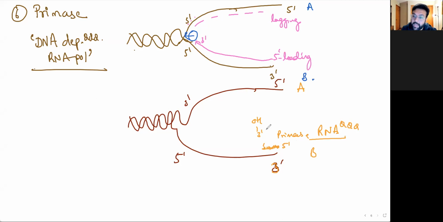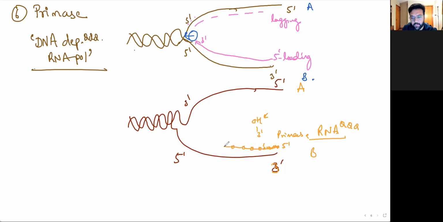The primer will give the 3' end to the DNA polymerase by giving a hydroxyl group, and it will allow replication from 5' to 3'. Look, it has a 3', so it can bring its phosphate. Now DNA polymerase can come and bind the phosphate here, and again from 5' to 3'.